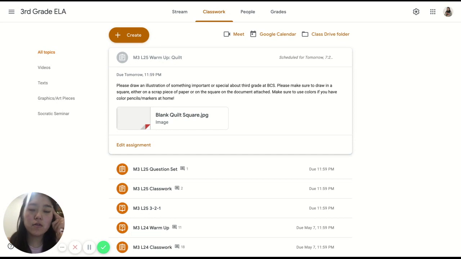I also want you to make sure that you use lots of colors, and I'm going to show you two examples that I did on the iPad. Okay, that's your first part of today's assignment, and I am going to put them all together to create our own third grade virtual quilt.